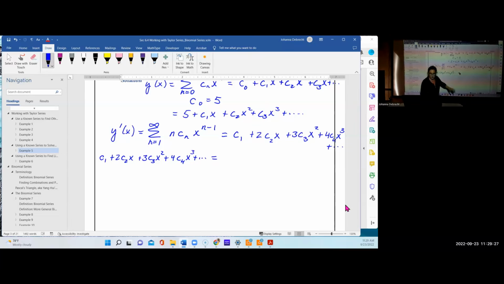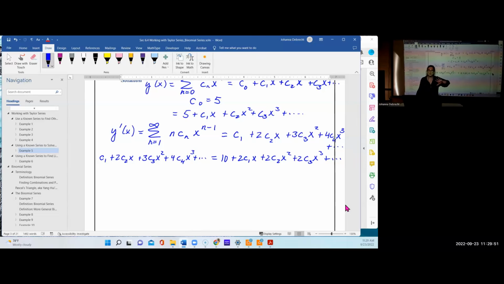So this is going to become 10 plus 2c1x plus 2c2x squared plus 2c3x cubed, and that's probably good. All right, so this is using the actual differential equation. So this is y prime equal to 2y.